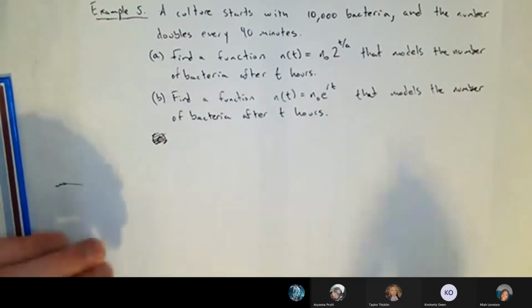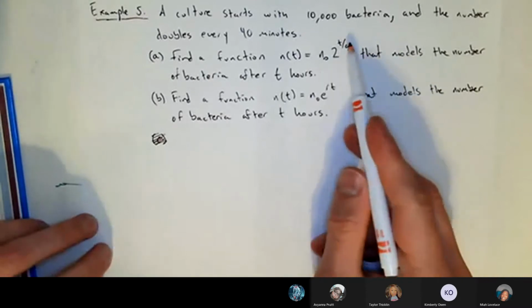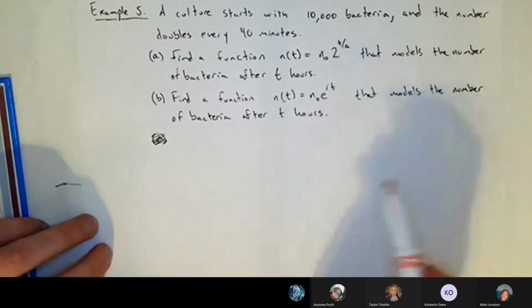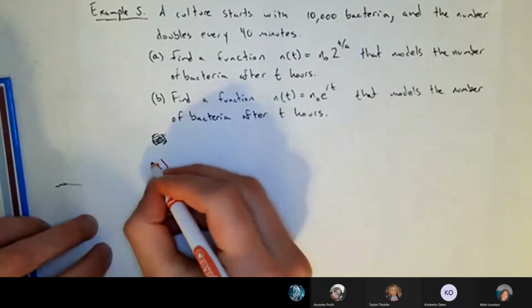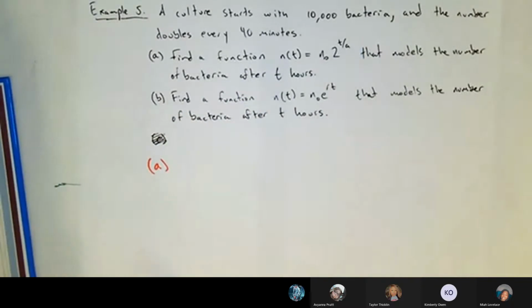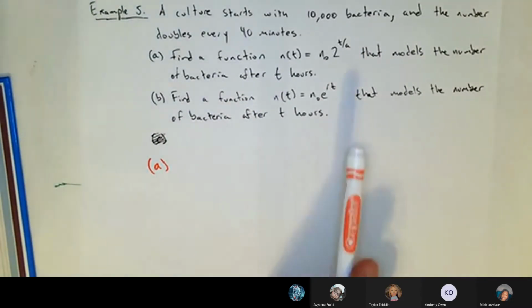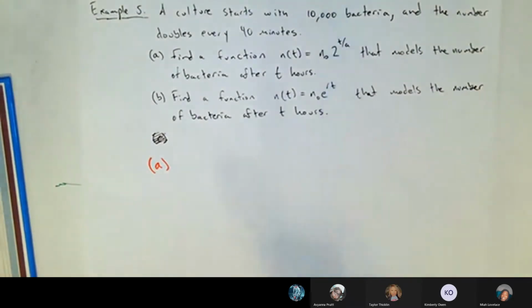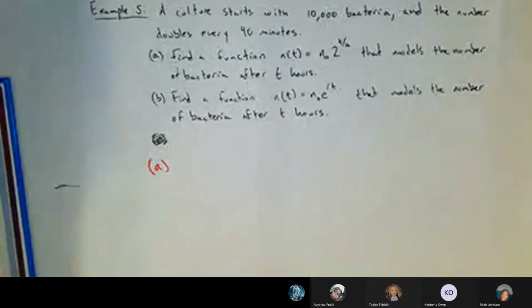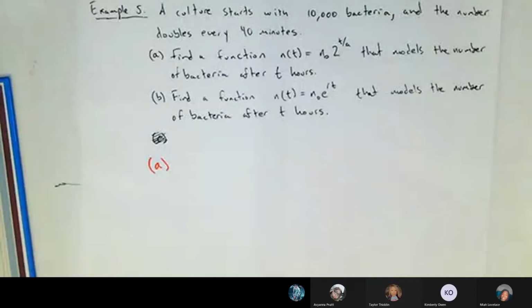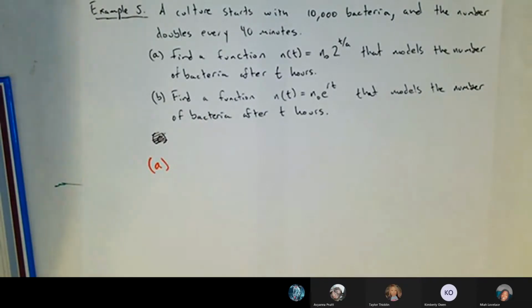So I would immediately lean towards this model here. And in fact, that's what part A asks us for. Now, part B is asking us to force it into a relative rate of growth form. To do that, we're going to have to figure out what the relative rate of growth is, because we weren't given that.